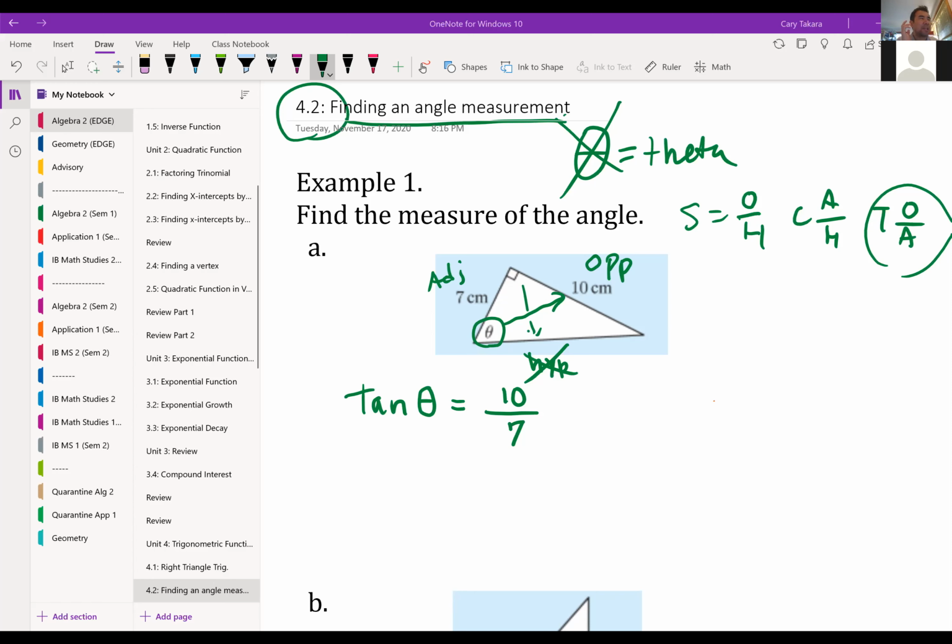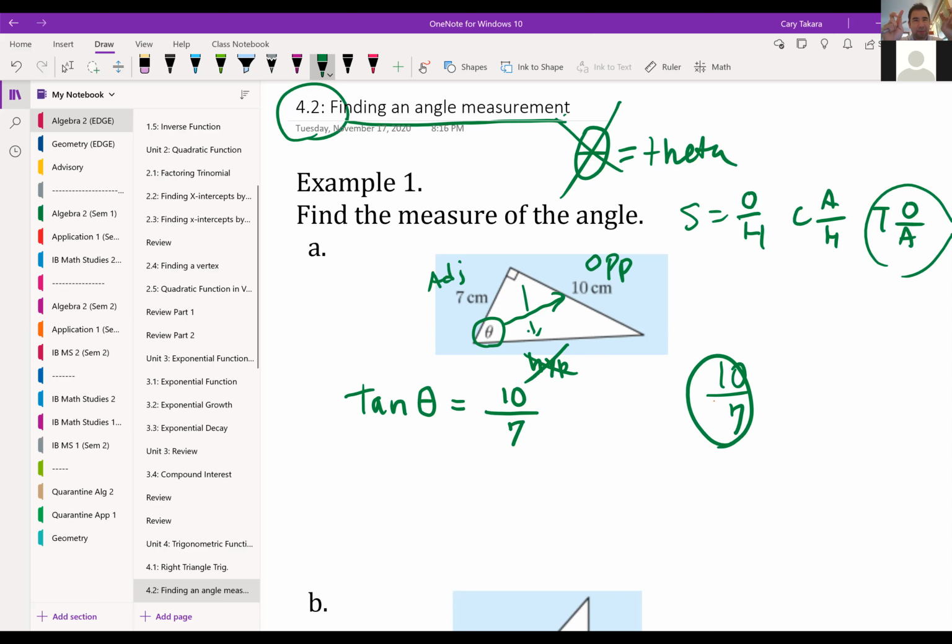You're going to use the inverse tangent to find the angle. Now the ratio is already known. It's 10/7 of that angle measurement. So how do we get back to the angle measurement? Going backwards in math, the reversing, is called inverse.